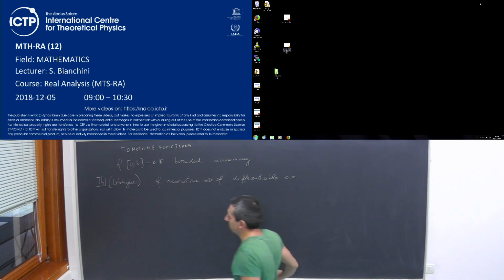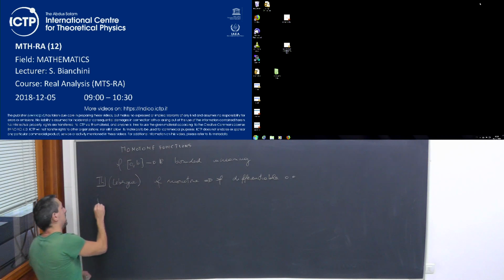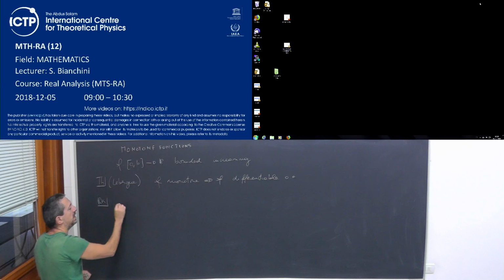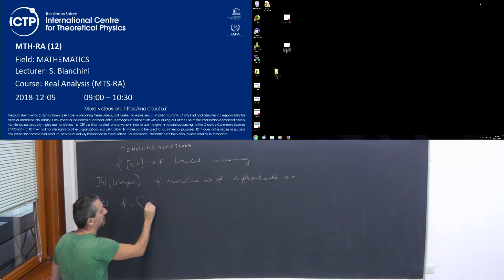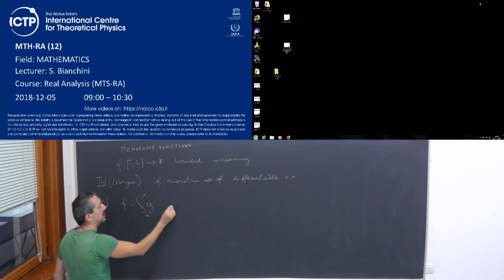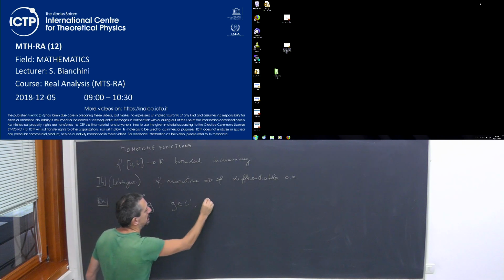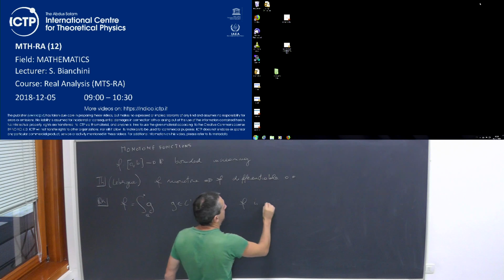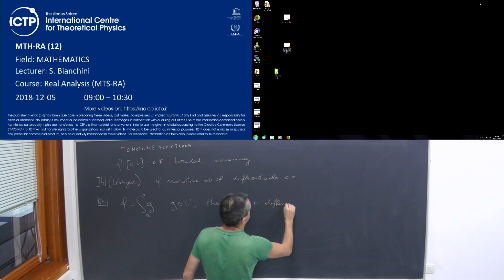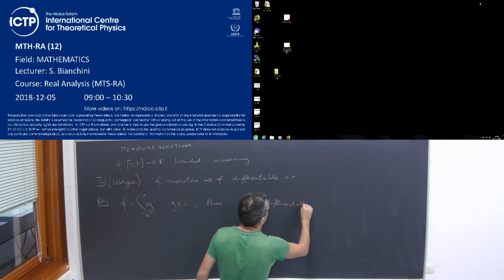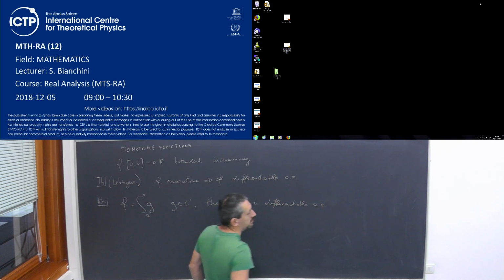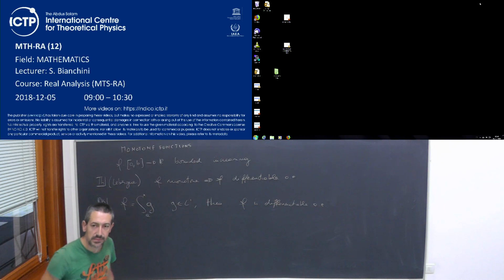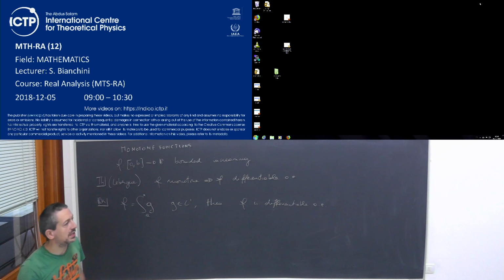So from this you obtain the following remark. If f is the integral of g, and g is in L1, then f is differentiable almost everywhere, even without using the formula.